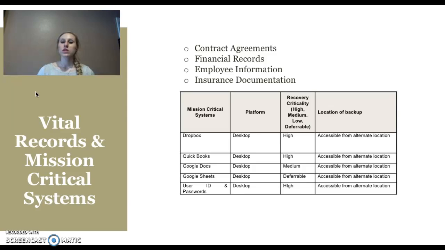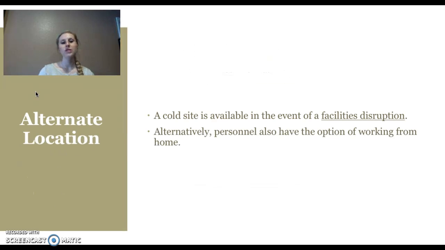So mission critical systems include Dropbox, QuickBooks, Google Docs, Google Sheets, and user IDs and passwords. Fortunately, these are all accessible from an alternate location, which has been established by Midstate Equipment.